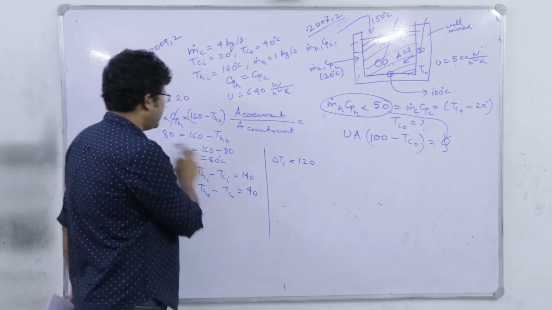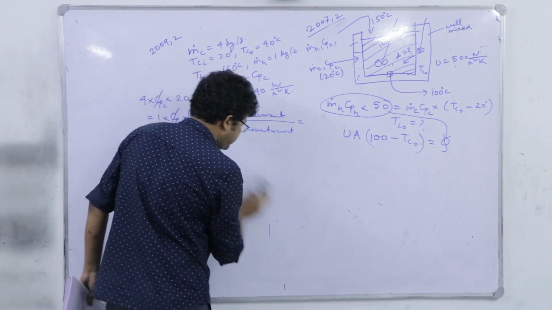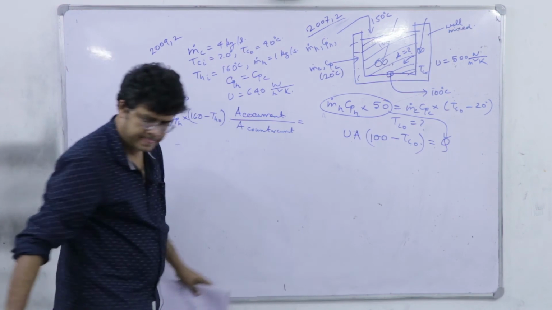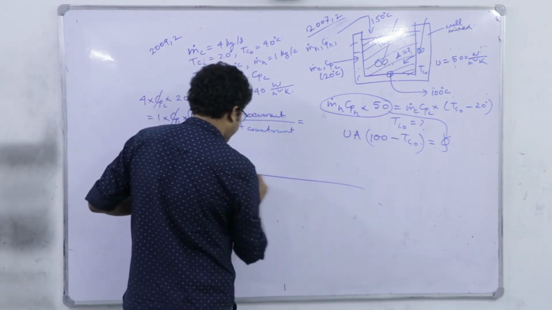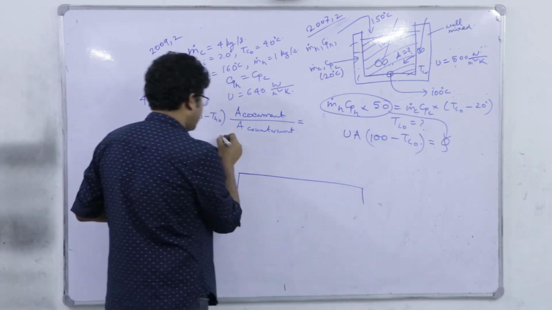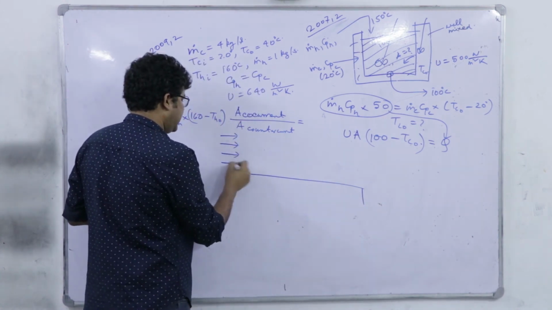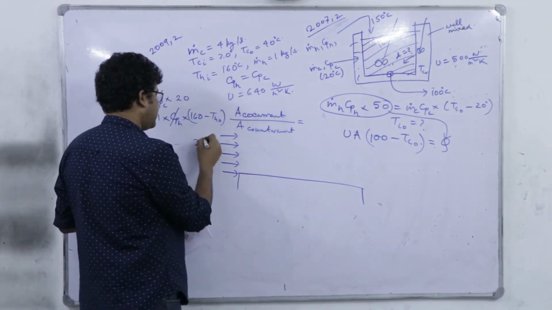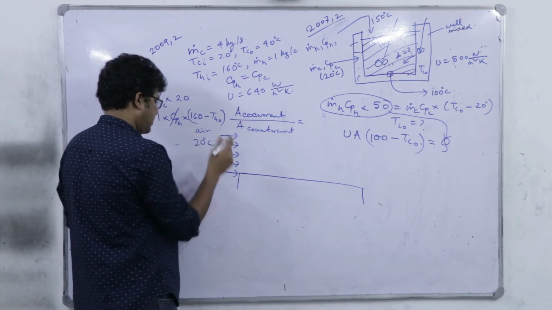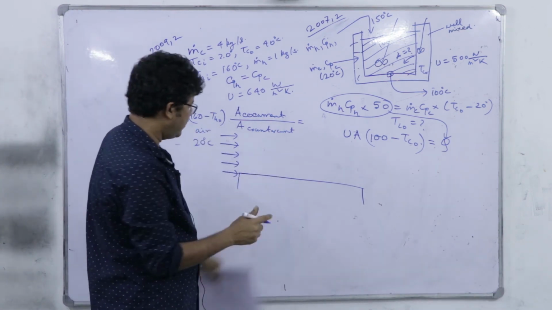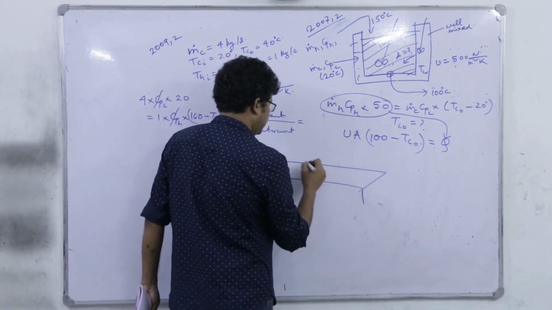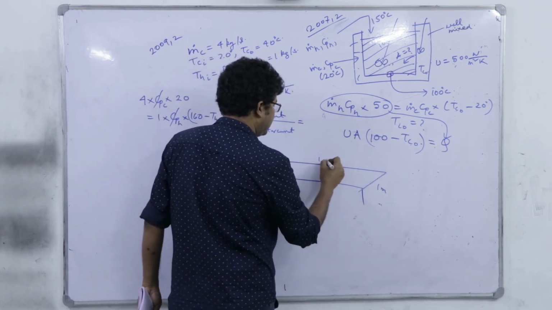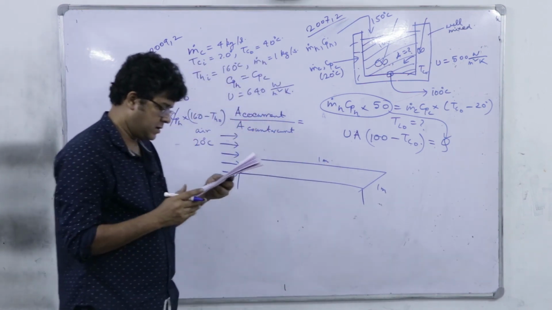See another problem. It stated that air at 20 degree, the property is given, is flowing over a block of ice 1 meter cross 1 meter. So this is 1 meter, this is also 1 meter, right.